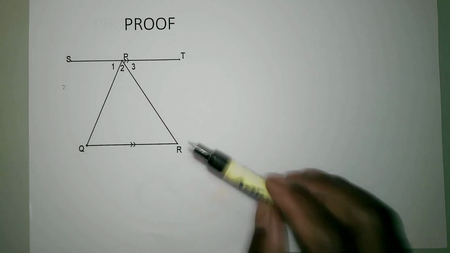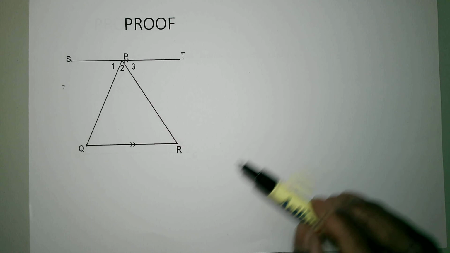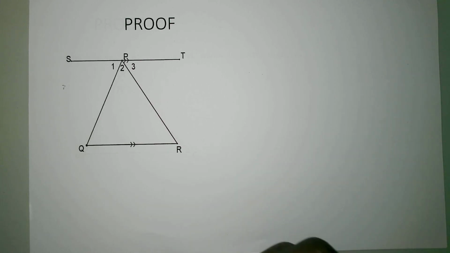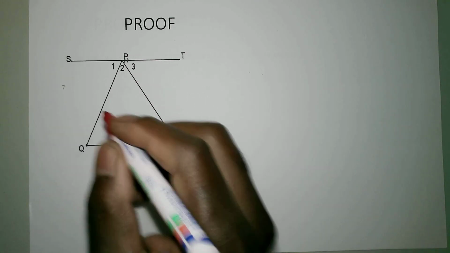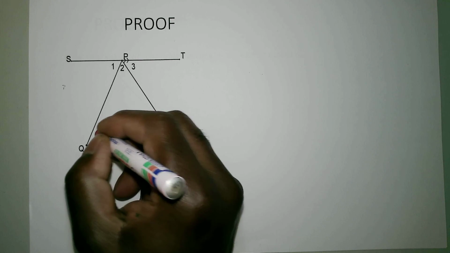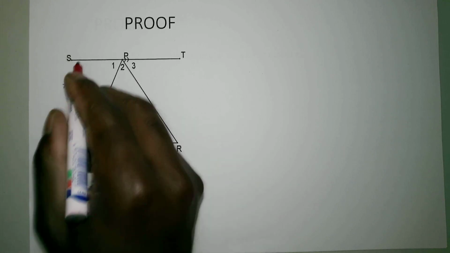we get alternate angles, we get corresponding angles, we get co-interior angles. So what we need to find out here is which angles have been generated by parallel lines as part of diagram analysis. Now you see we have got parallel lines.